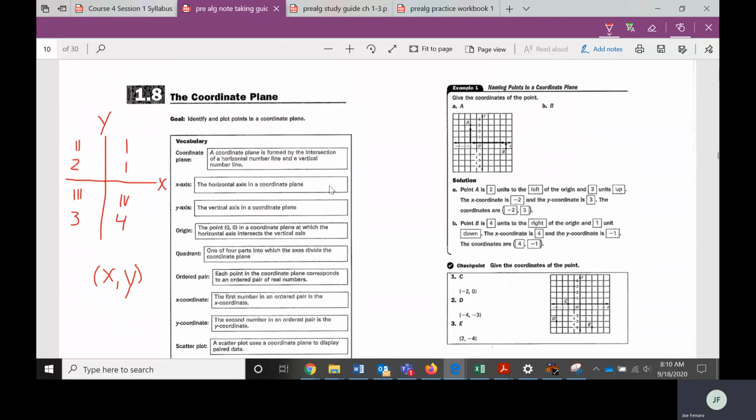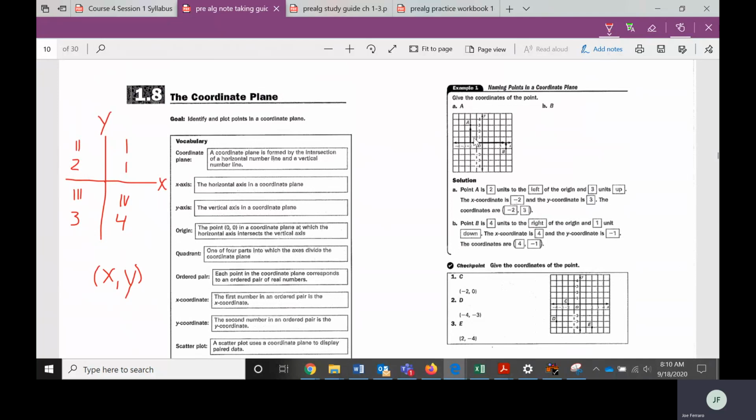So example 1 is just a review on how to plot points. They want you to name the points. So they got point A right here. You just have to say, how do I get there? I guess it doesn't matter if you go left or right, up or down first, as long as you label it correctly. We're just going to go left or right first, because that's what you label first for the x-coordinate, and then up or down second.